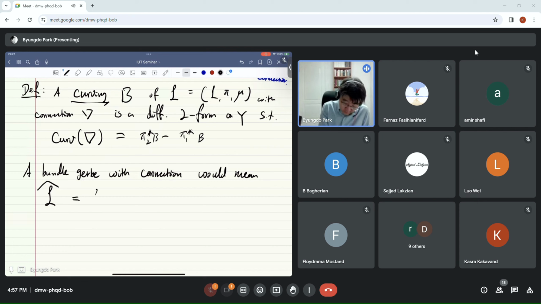So the topological data L, pi, mu is the bundle gerbe, and then connection and curving. So this is a bundle gerbe with connection. Then I'm going to denote the category of gerbes with connection on M.